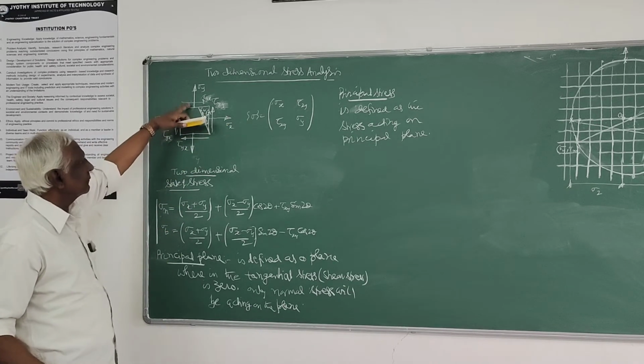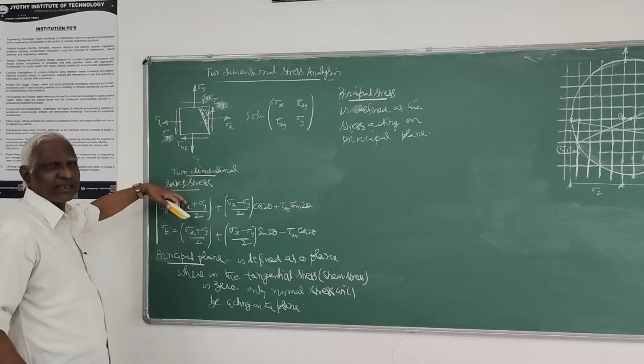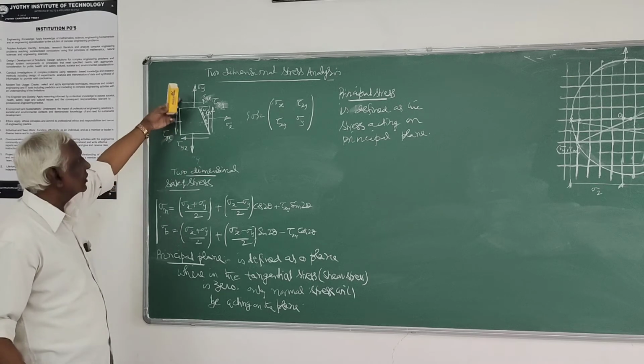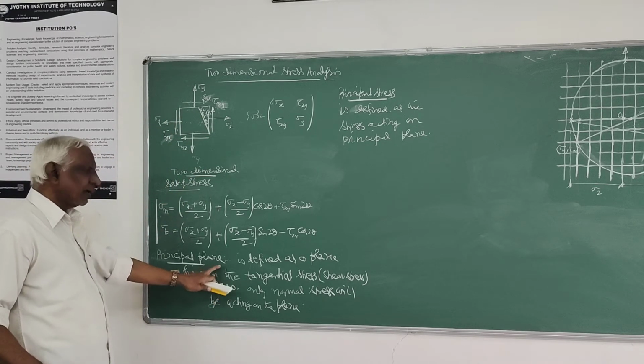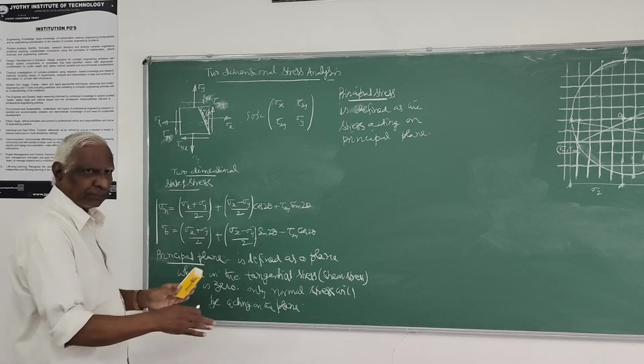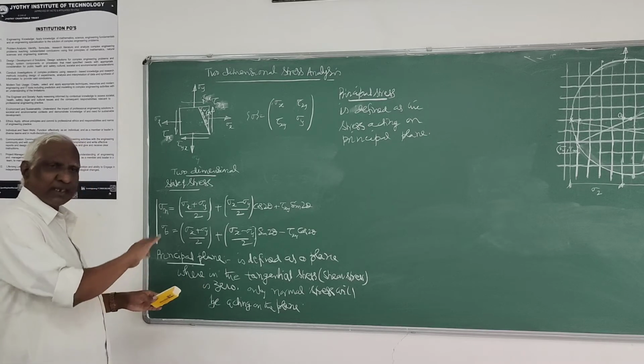Here you are seeing sigma y is positive, another exactly equal and opposite will be there on the other side. So there will be two sets for each stress. Same thing here also. Principal plane is one plane on which the maximum shear stress will be 0.